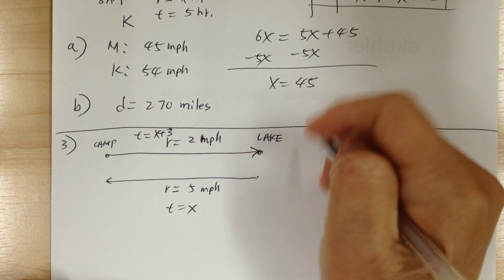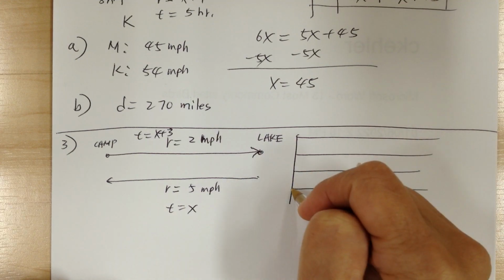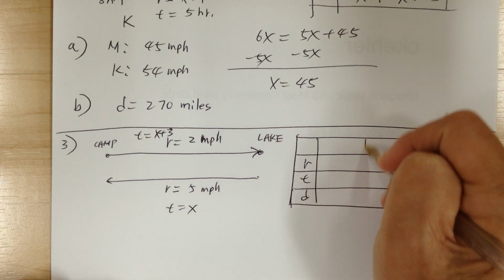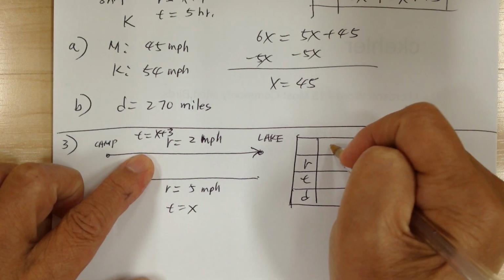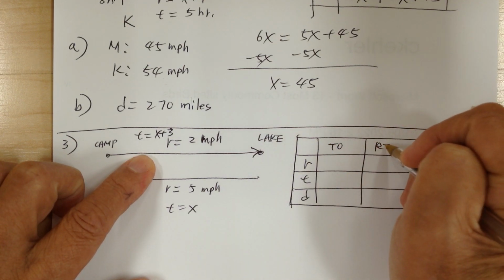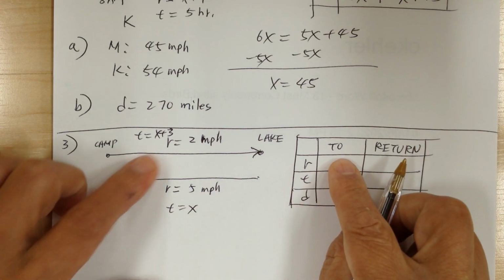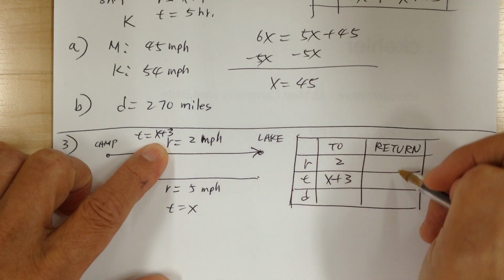Okay, so let's make the table. This is going and this is return. Going to the lake, the rate is 2 and the time is x plus 3.